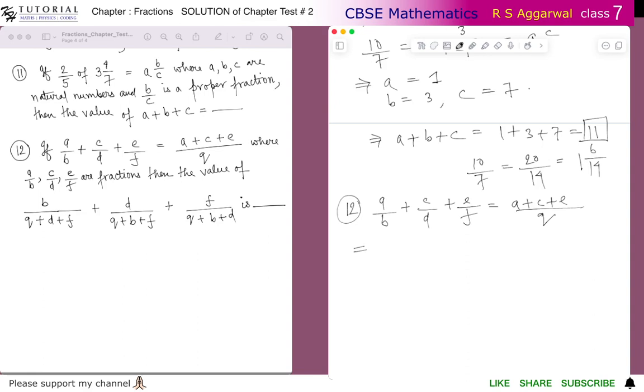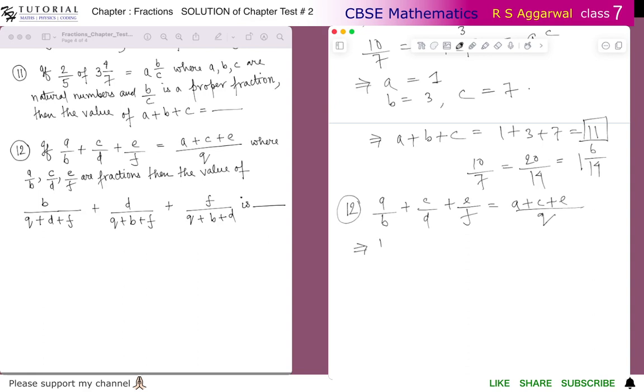So from the definition of addition of fractions with the same denominator, where we add the numerators divided by the same denominator, we can say that the fractions a/b, c/d and e/f are like fractions.